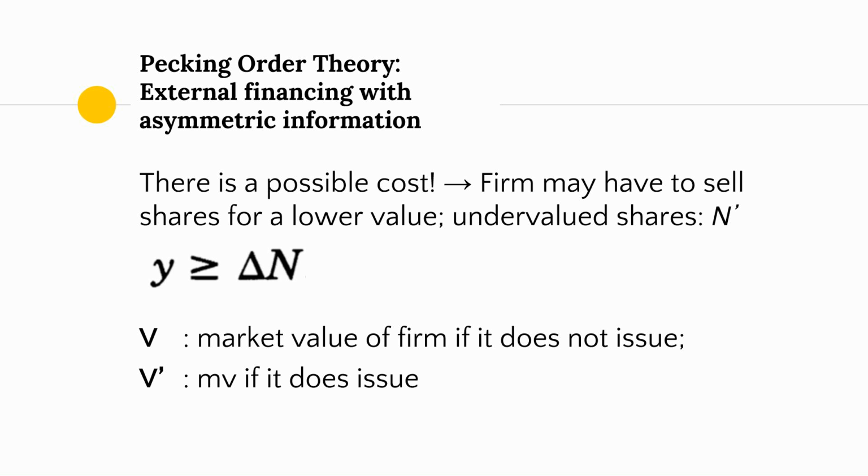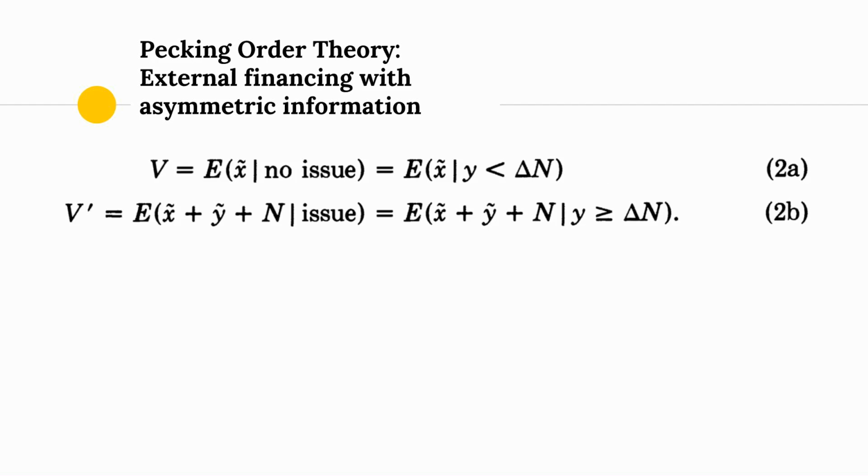Now, if everyone knows that the manager will act according to the inequality above, so the net present value greater than or equal to the value by which shares are over or undervalued, then the conditions for rational expectations equilibriums are the following.